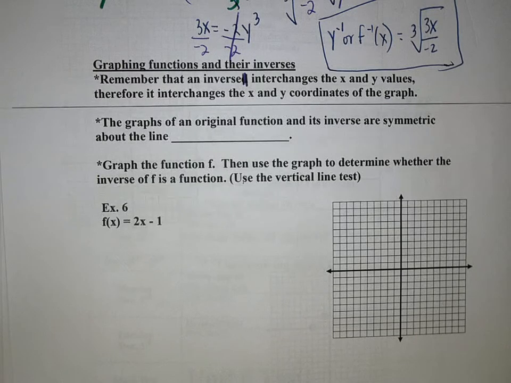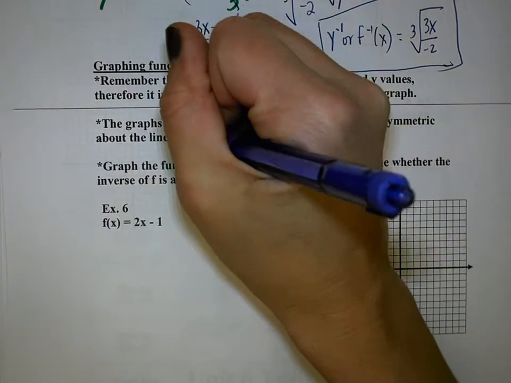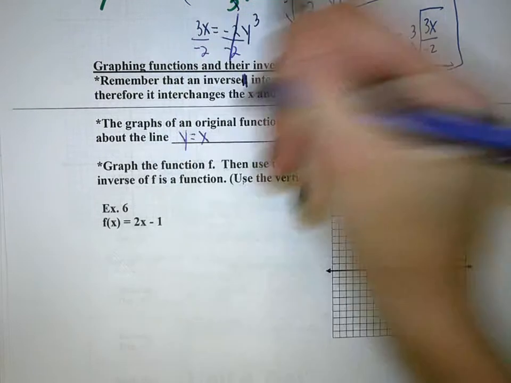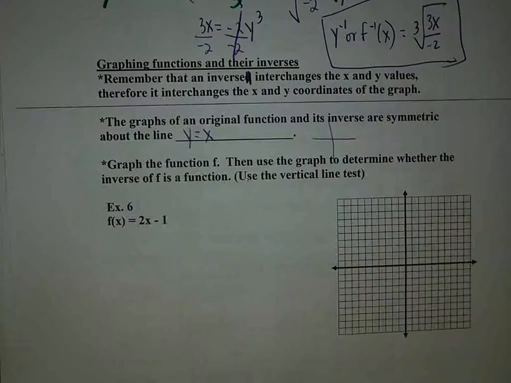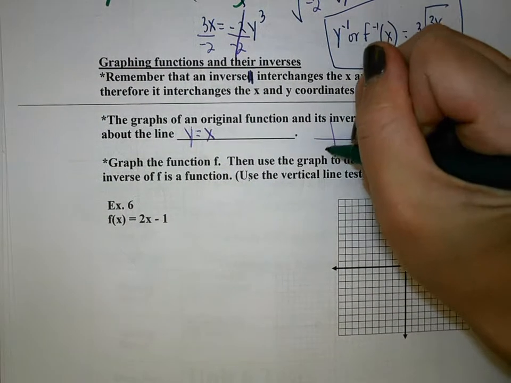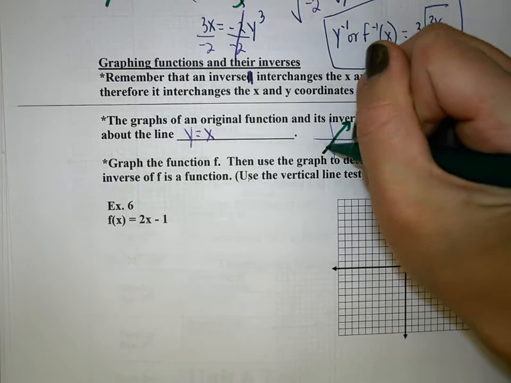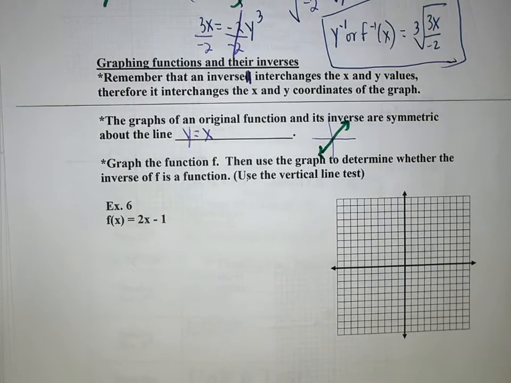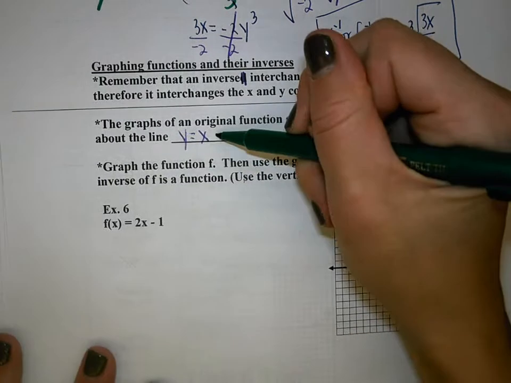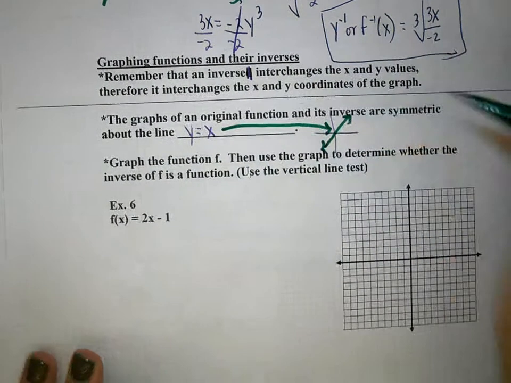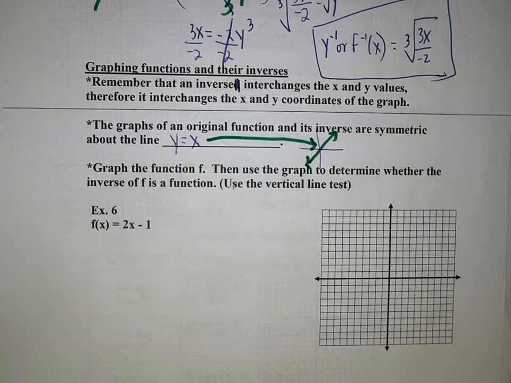So the graphs of an original function and its inverse are symmetric about the line y equals x. On a graph, if you have your coordinate plane there, y equals x is the line that goes diagonal straight through the origin. So this line right here, that's y equals x. So that means they're symmetrical across this line.